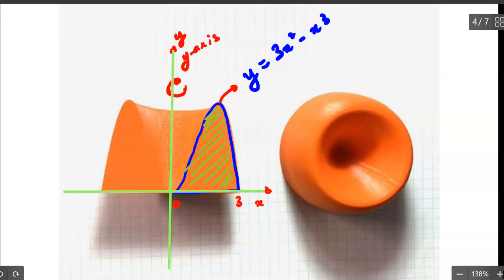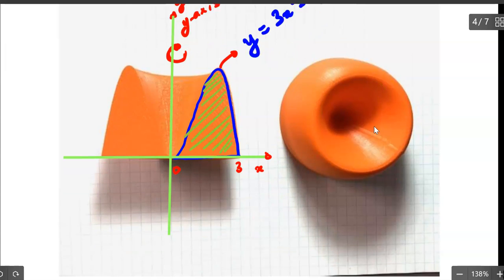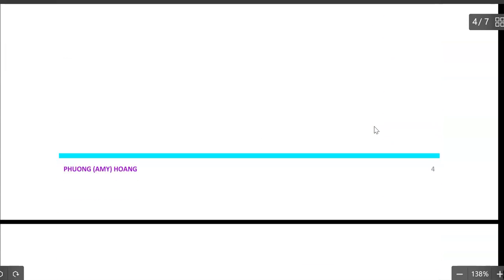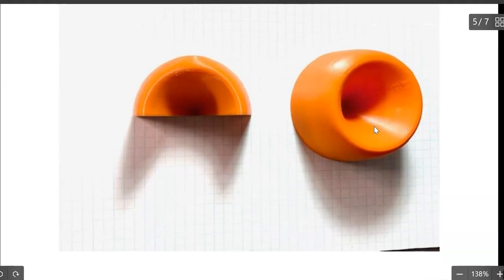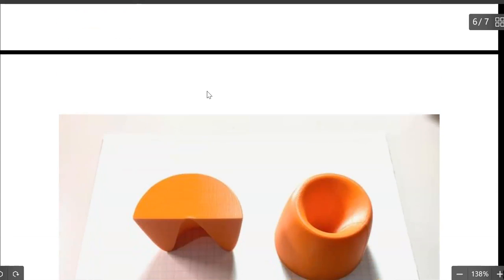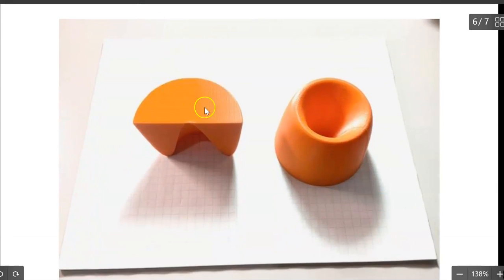This is just a half of it, so you can see the cross-section area. This one is the entire 3D shape, but I have to put it upside down. If we had the class face-to-face, I would pass this around for everyone to view. This is from the top down, and this is the bottom of it.